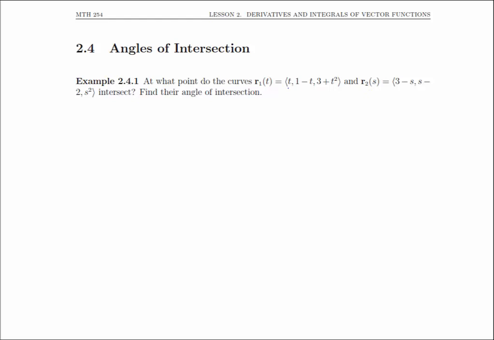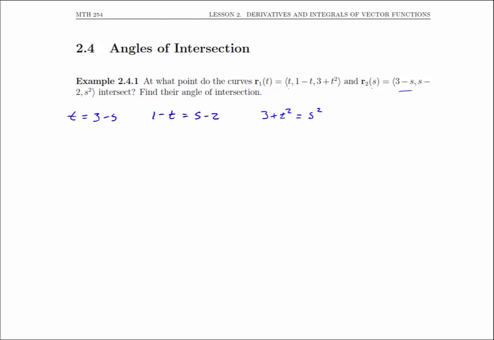So my x values matching gives me t and 3 minus s must be the same, so t must equal 3 minus s for them to intersect. We also must have 1 minus t equaling s minus 2 for the y values to match. And lastly, we would need 3 plus t squared equaling s squared over here.